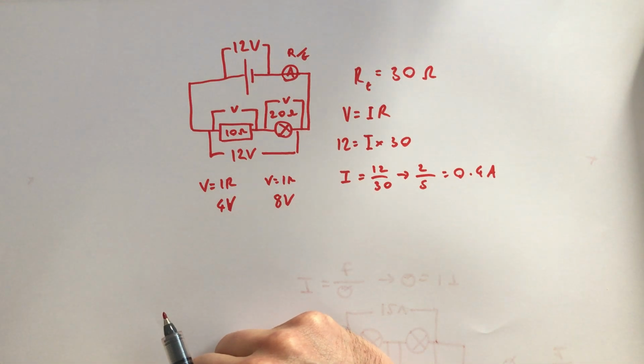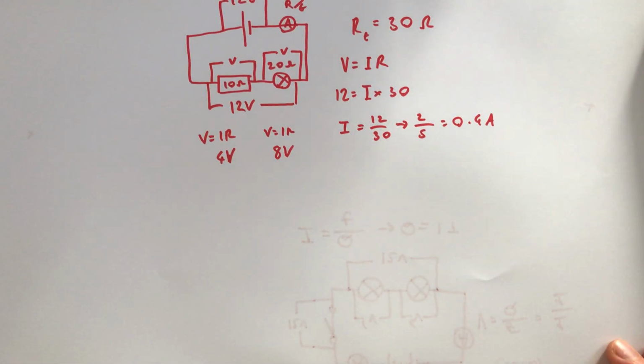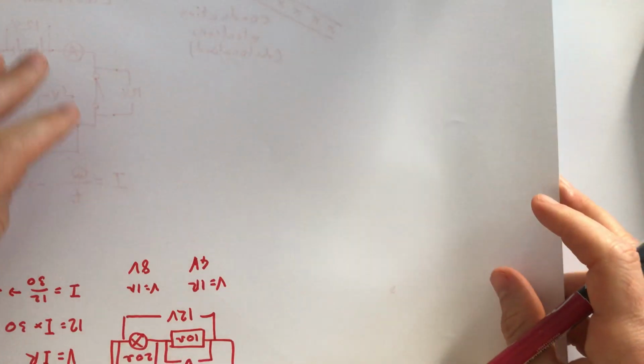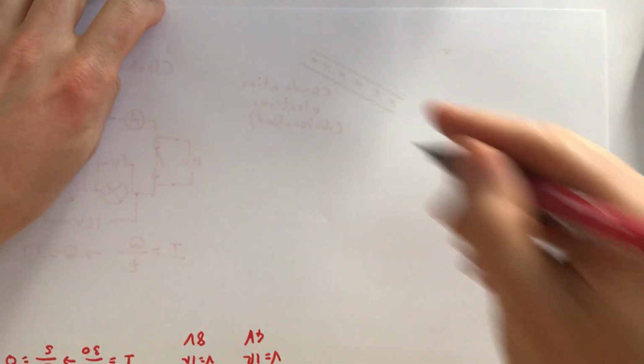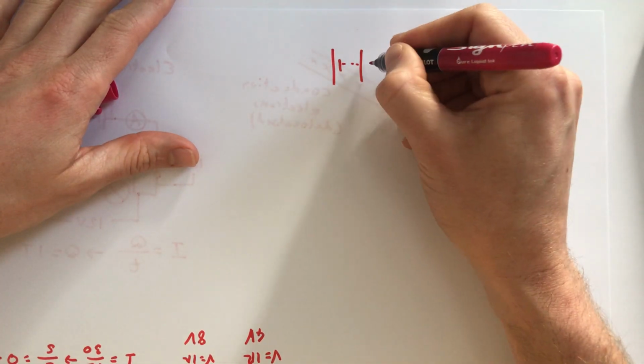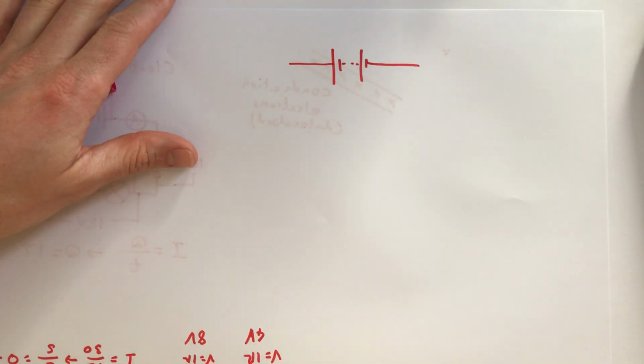What we also want to look at in this case is, well, let's look at this in a parallel circuit also. I'll just rotate the paper around a bit so we've got some more space. So we've got a parallel circuit, and this time we've got a battery. Remember, as opposed to a cell, which is one of those by itself.